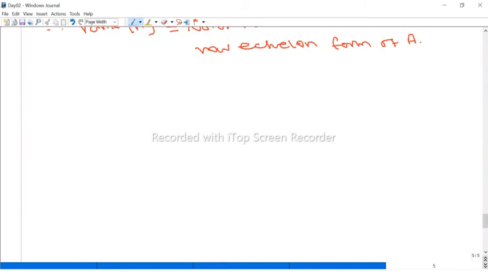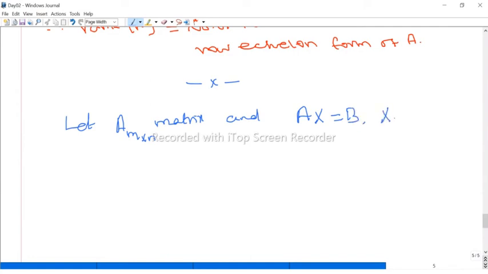Let A be an m by n matrix, and consider the matrix equation Ax = b, where x is an n by 1 column vector and b is m by 1.